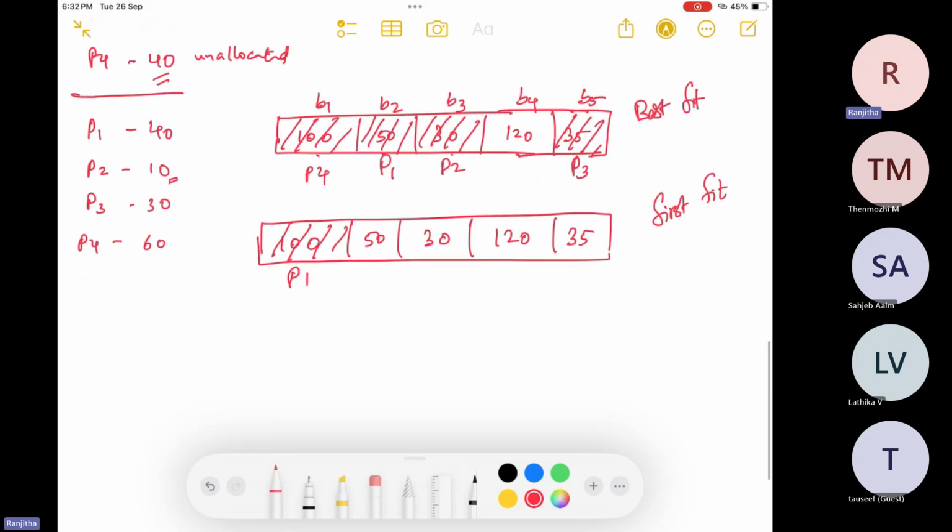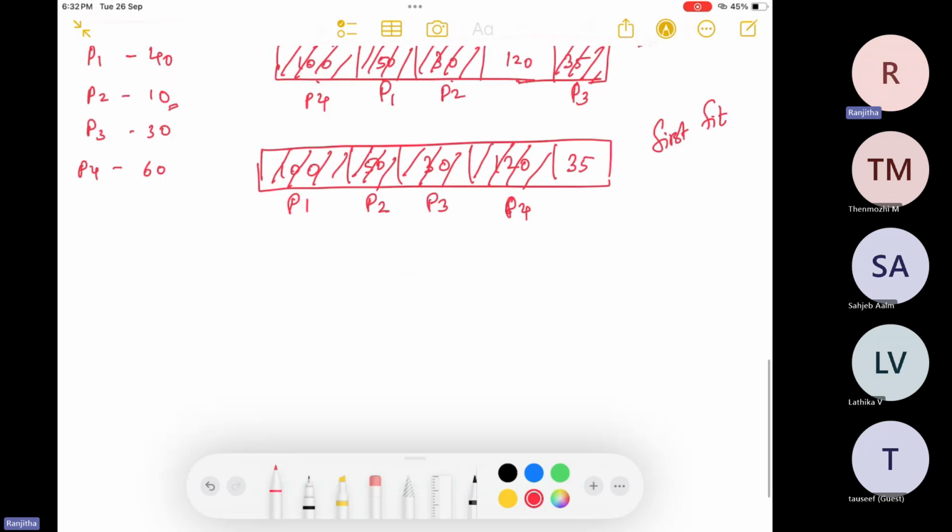P2 will come and occupy 50. P3 will come and occupy 30. And P4 will occupy 120. So in case of first fit strategy, the free block that would be available is 35 KB, whereas in case of best fit, 120 KB will be available.